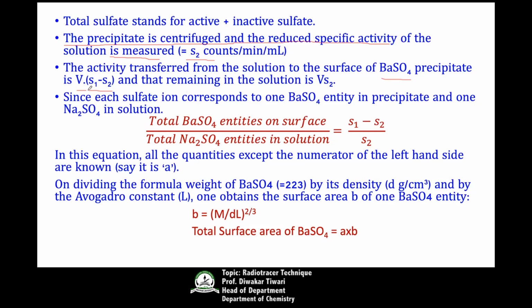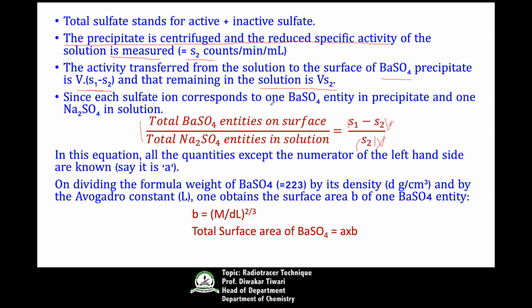So the total radioactivity transferred is V into (S1 minus S2), and the radioactivity remaining in the solution is V into S2. Now you can write a simple equation: total barium sulfate entities on surface divided by total sodium sulfate entities in solution is equal to (S1 minus S2) multiplied by V over S2 multiplied by V. The V cancels out, giving (S1 minus S2) divided by S2.